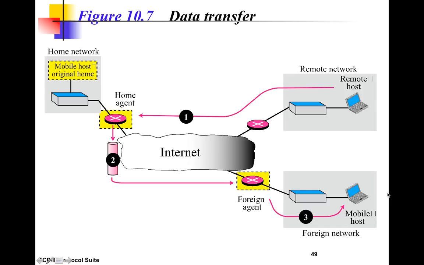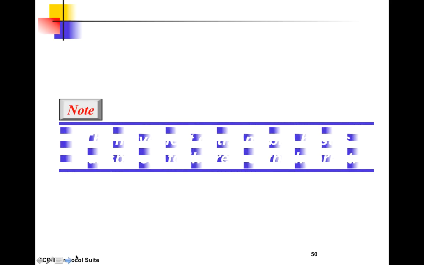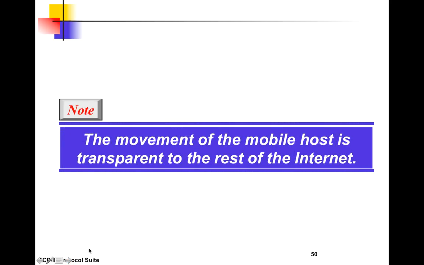But because the mobile host knows the address of the remote host, it is the source IP address in the packet that just came, the mobile host can directly communicate with the remote host. So in this way, the movement of the mobile host is transparent to the rest of the internet.